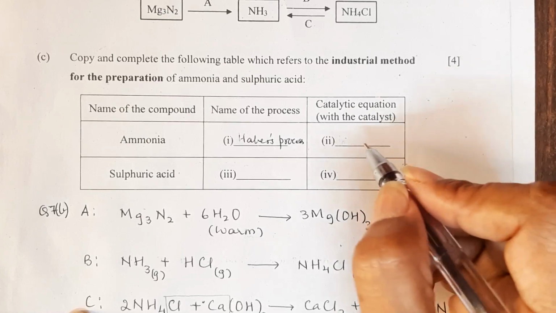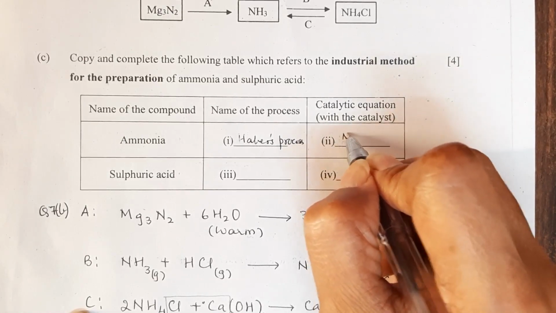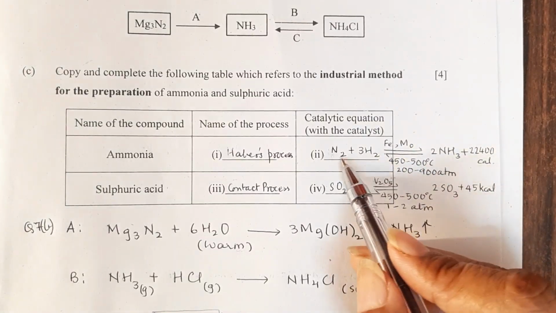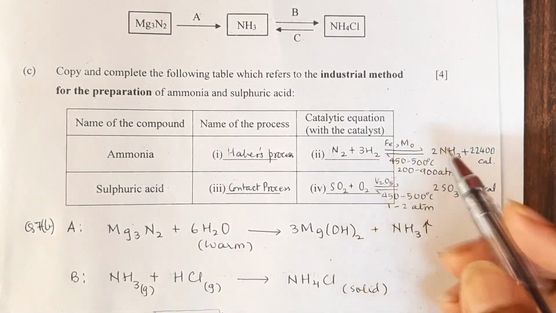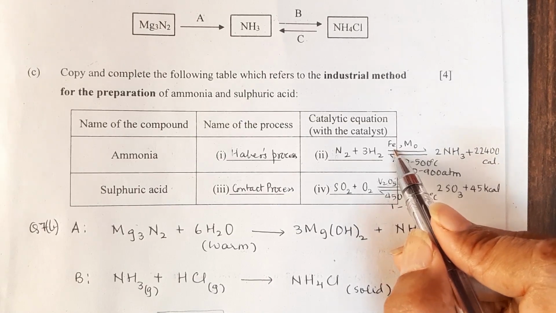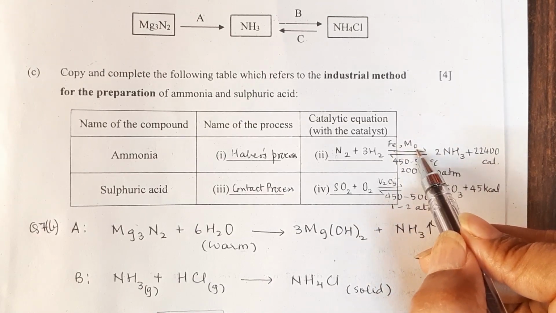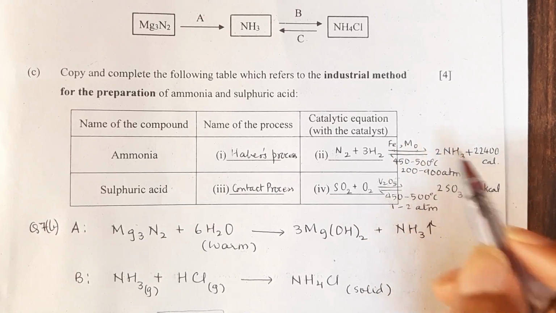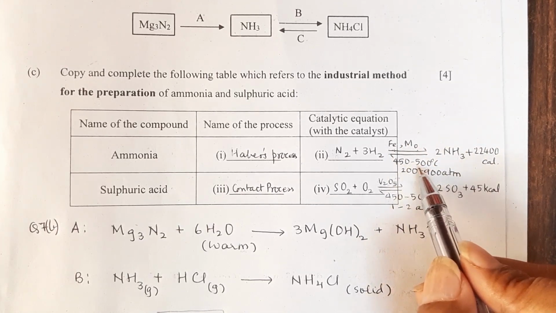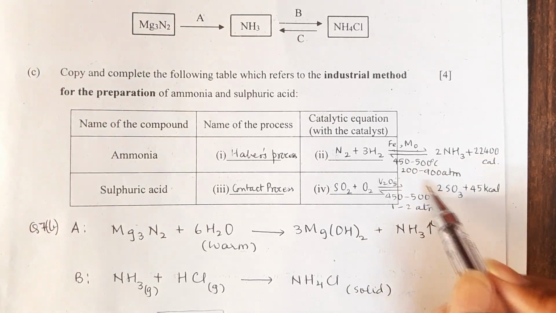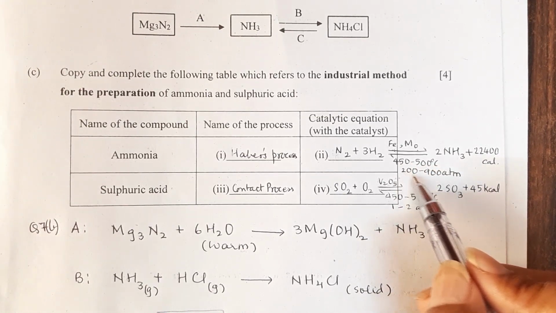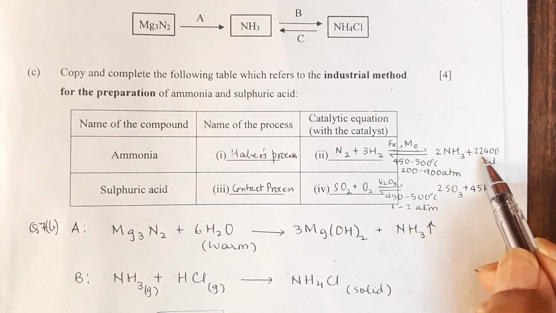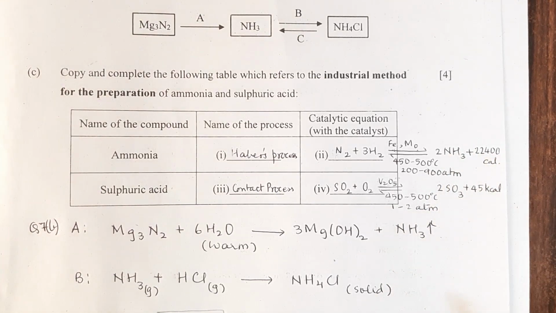And the catalytic equation will be N2 plus 3H2 with finely divided iron, promoter molybdenum. So finely divided iron is the catalyst, promoter molybdenum, temperature 450 to 500 degrees C and pressure 200 to 900 atmosphere. We get 2 NH3 plus 22,400 calorie.